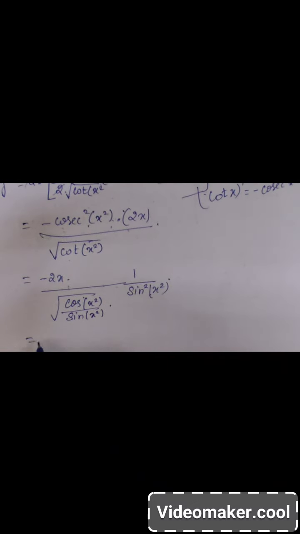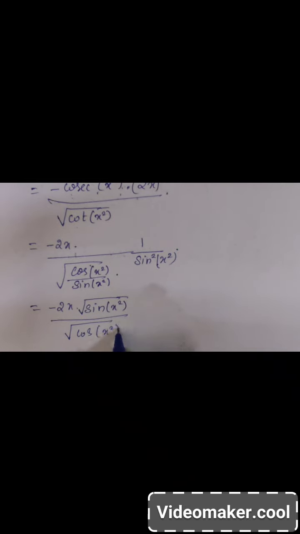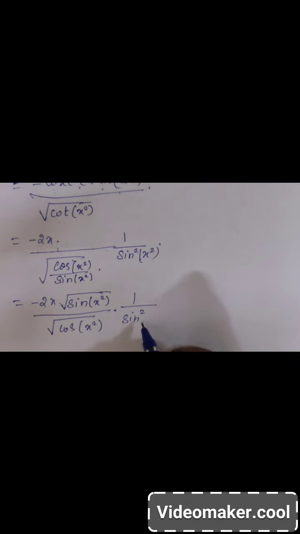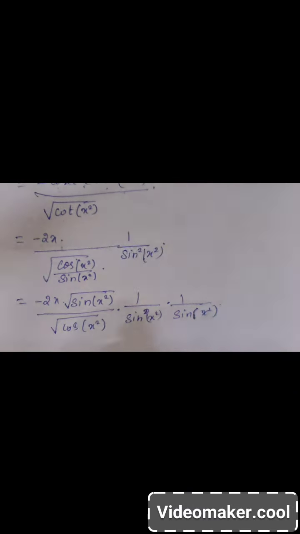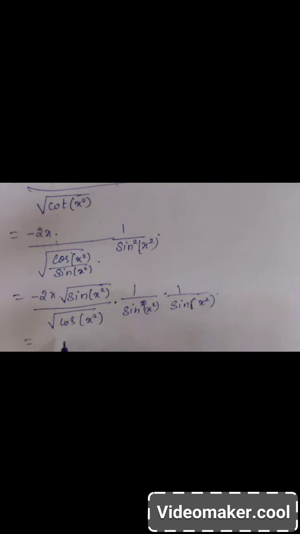Now this can be written as minus 2x into square root of sine of x square divided by square root of cos of x square, and this one as 1 by sine square of x square. Here we have sine of x square under a square root, and here we do not have the root.